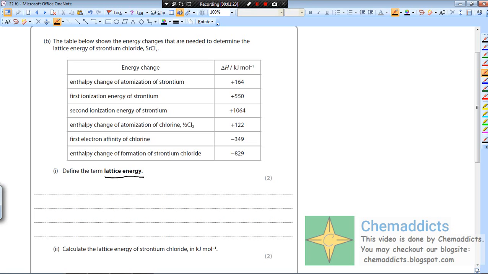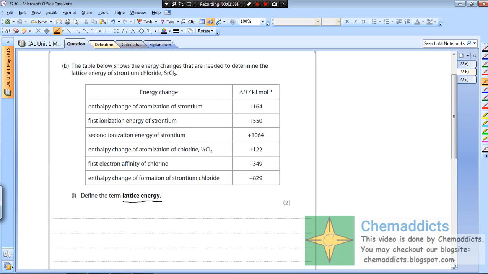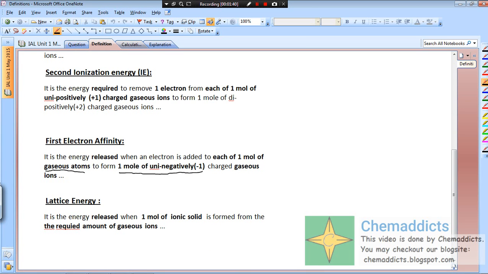Fine. So before defining the term lattice energy, let us have a look at the definition of this thing. Lattice energy is the energy released when 1 mole of ionic solid is formed from the required amount of gaseous ions.